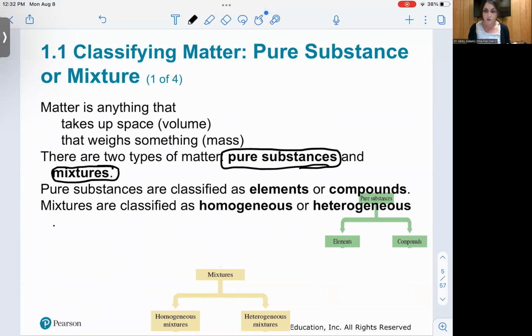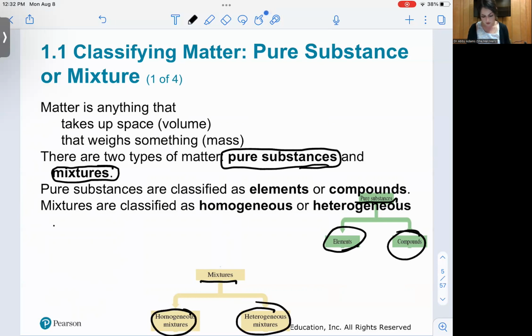Those mixtures have volume and mass. Another way to think about it. I'm not sure why this slide is wacky, but I think it's normal on Moodle. And we have the pure substances that include elements and compounds, and mixtures, homogeneous mixtures, heterogeneous mixtures.